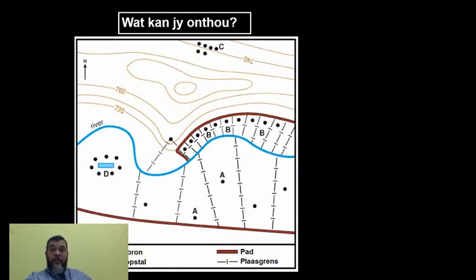Right. Let's have a look. Here is a card. Here's a section from a topographical map. What do I see? I see a mountain top. 720, 740, 760.